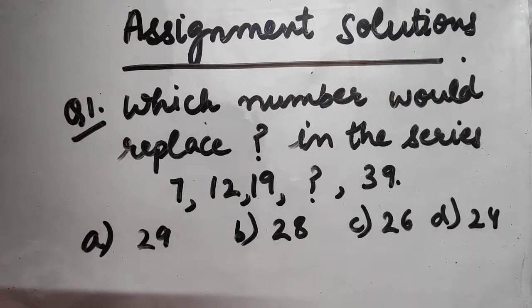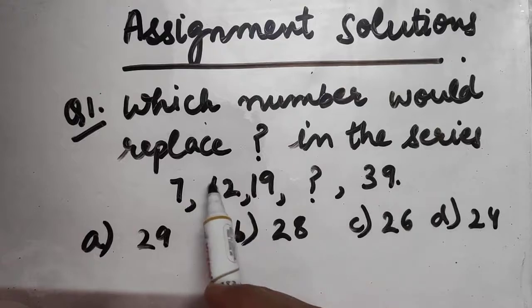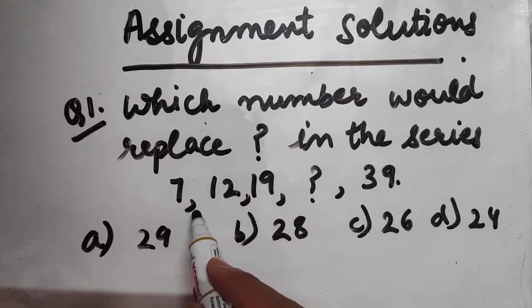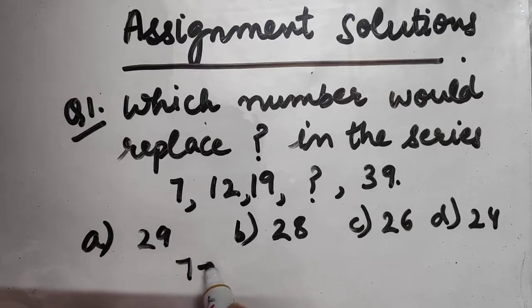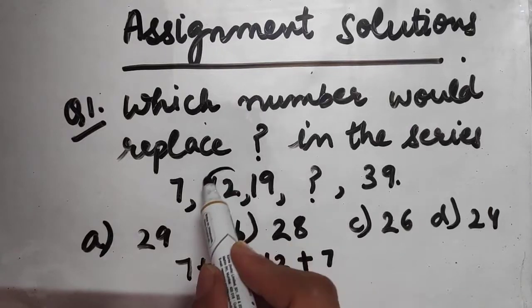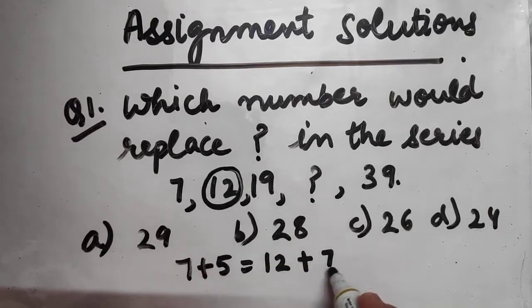Now, clearly, dear children, in this given sequence we are adding plus 5: 7 plus 5, we are getting 12. Then we are adding 7 to this number, and we are getting 19.